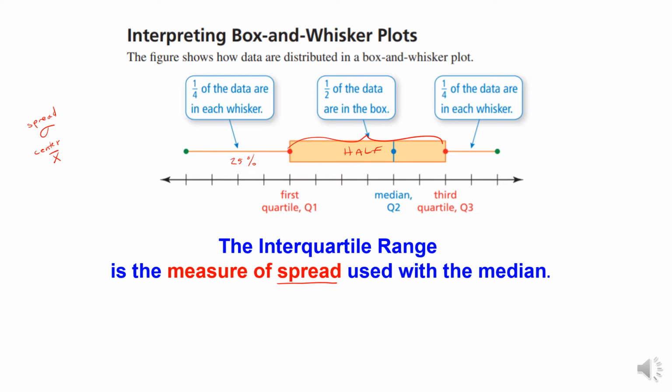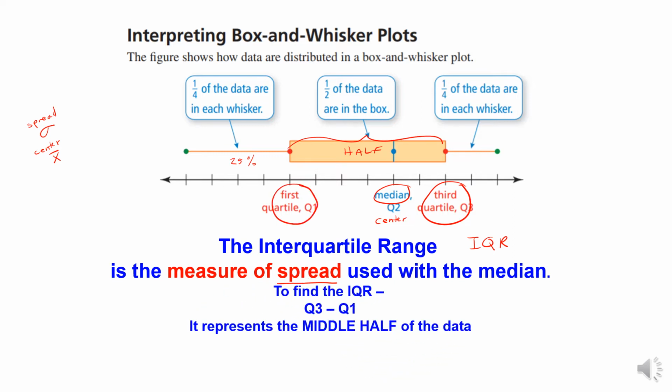Well, when we're doing box and whisker plots, our measure of center is the median, and the IQR is the measure of spread that you use with that. So what is that? Well, you have to take your third quartile and your first quartile and subtract, okay? And it represents the middle half of the data, okay? So now we have two measures of center.